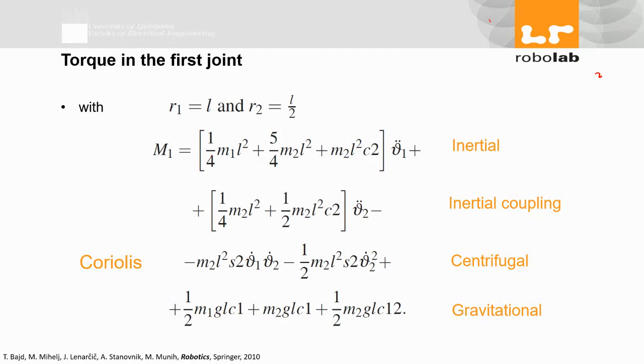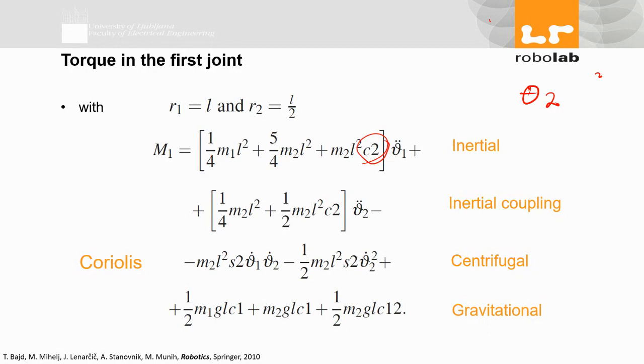Tell me, for example, does theta 2 have any effect on the inertial component of the torque for motor 1 in the two-link robot? The answer is yes, because I see a cosine of theta 2 here.